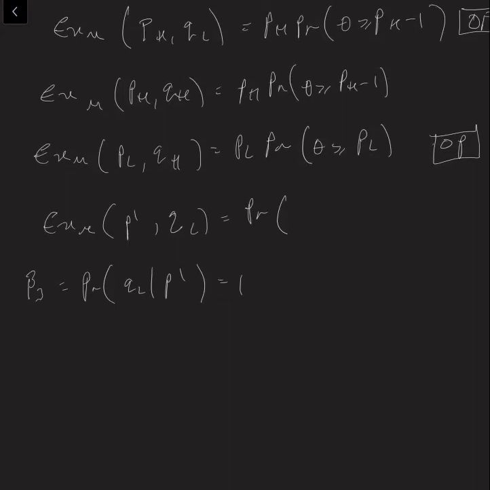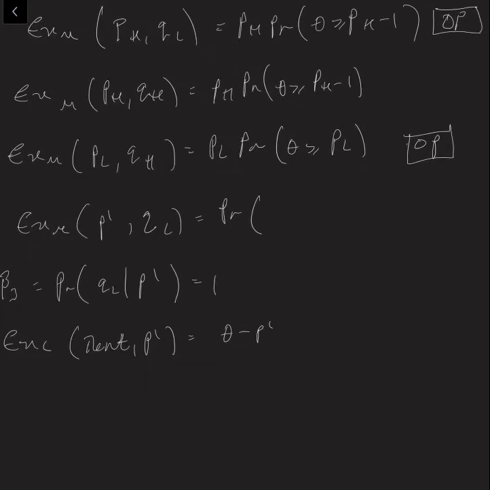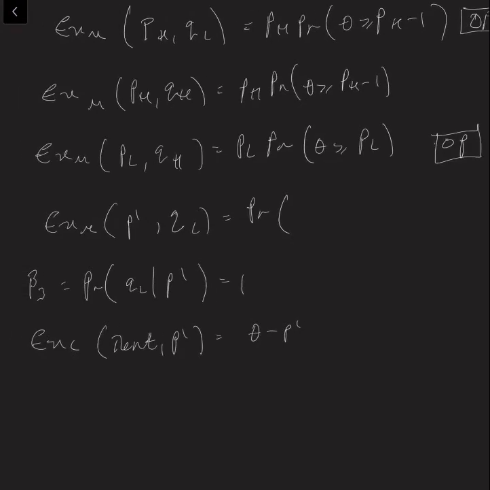In which case the expected utility from renting at P prime is going to be theta minus P prime. That means the customer is going to rent the flat posted at P prime if their type is greater than or equal to P prime. So this is the probability that theta is greater than or equal to P prime, times P prime.